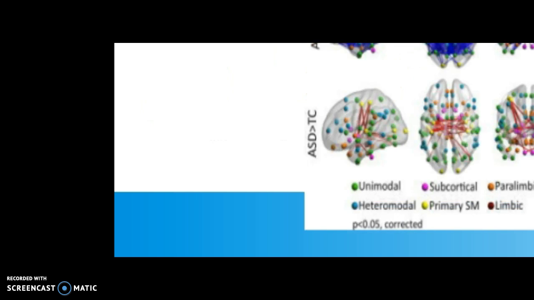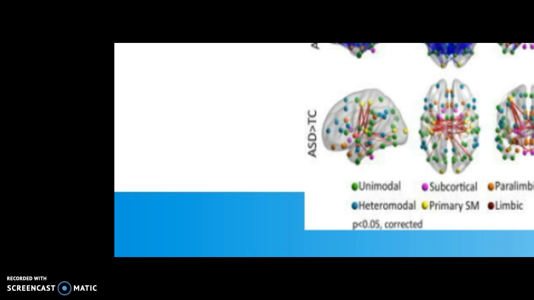So this is actually a diagram from a paper that was part of my research, and this diagram shows the brain, the autistic brain, when compared to that of a controlled brain, which would just be someone who does not have any deficits, you know, the average person.